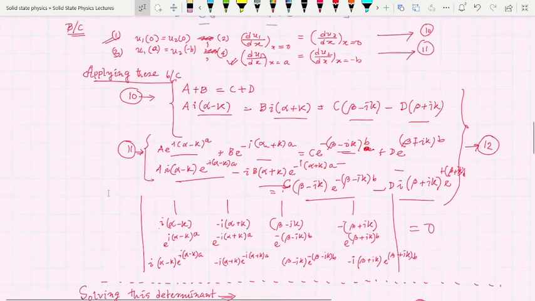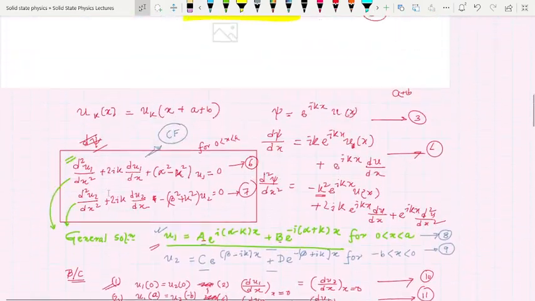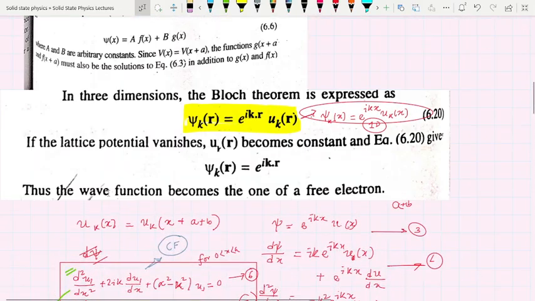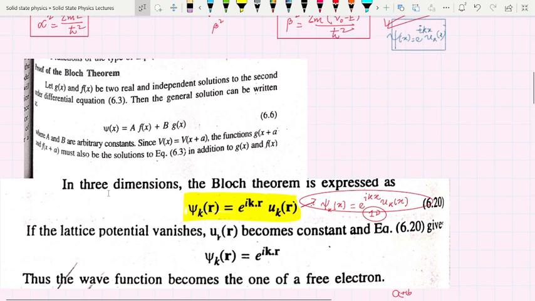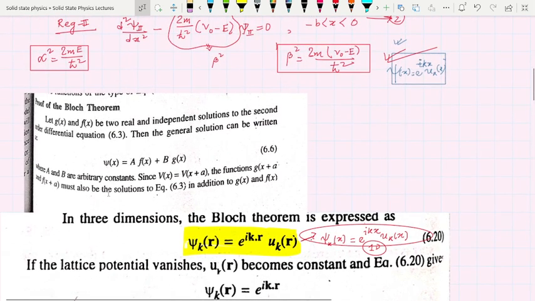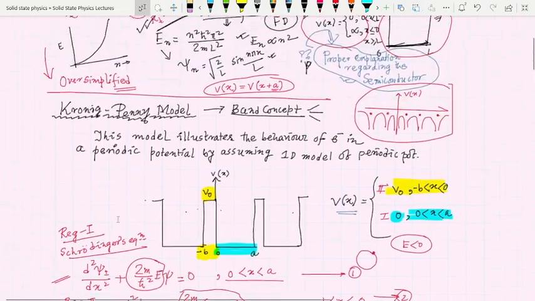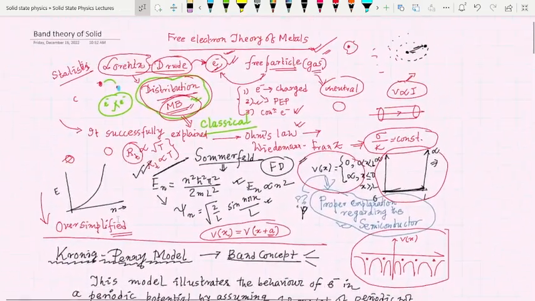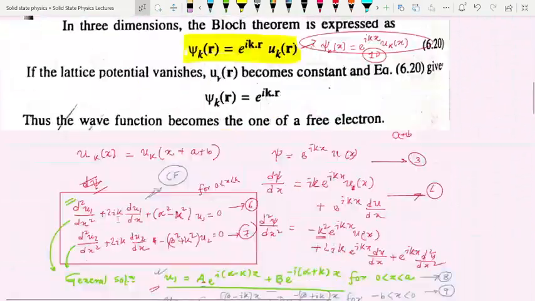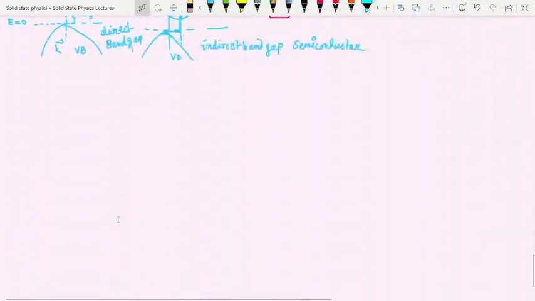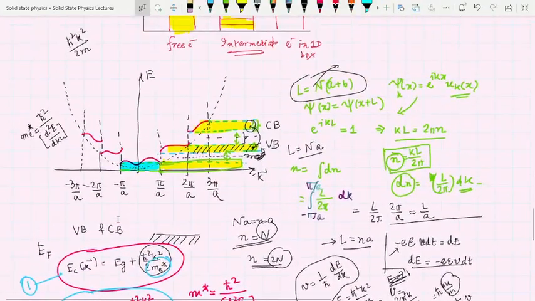So you have to understand and do the mathematics very carefully. This is nothing but the application of quantum mechanics, and this is the Bloch's theorem which we have applied in this lecture also. Now this total theory is complete, and depending upon this band gap energy, this forbidden energy gap, there is the classification of metals, semiconductors and insulators.